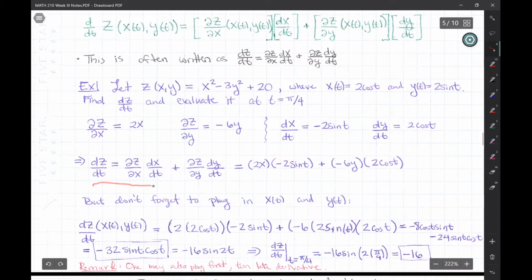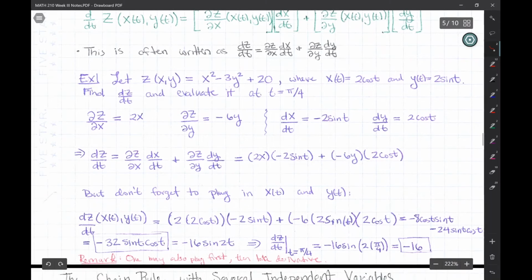So plugging these into our formula that you see here, we get this. But do not forget to plug in x of t and y of t into the partial derivatives. When you do that, you get this relation here, which simplifies to minus 16 sine 2t, or negative 32 sine t cosine t.